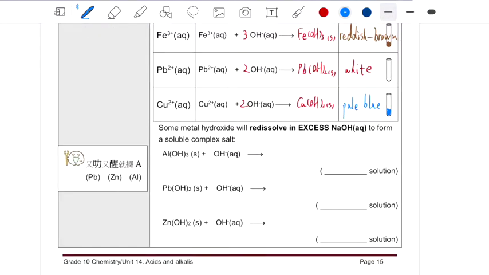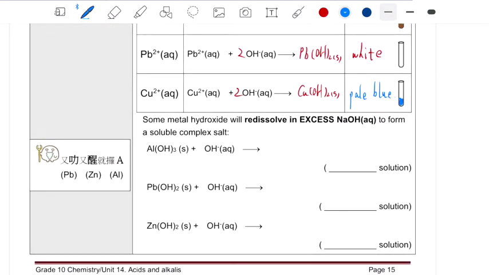There are 3 special cases that redissolve in excess sodium hydroxide solution. They are aluminium hydroxide, lead(II) hydroxide, and zinc hydroxide.